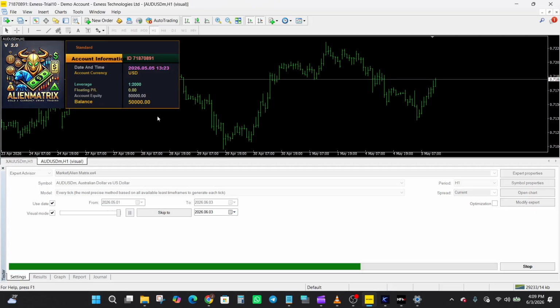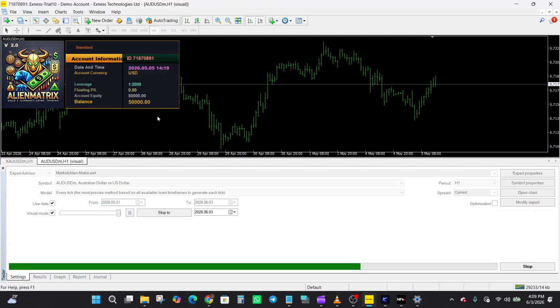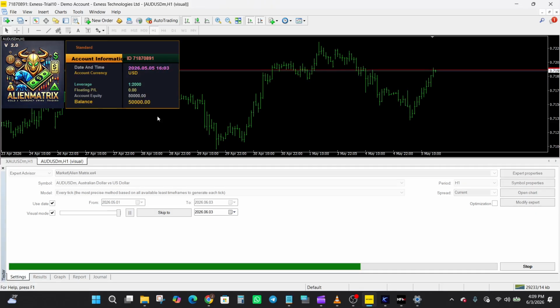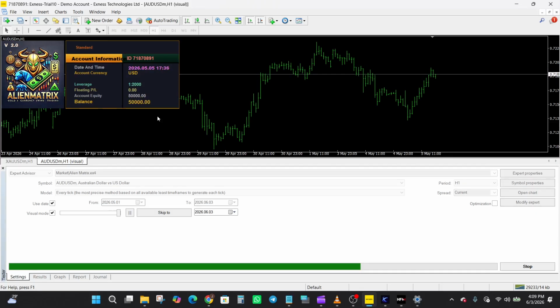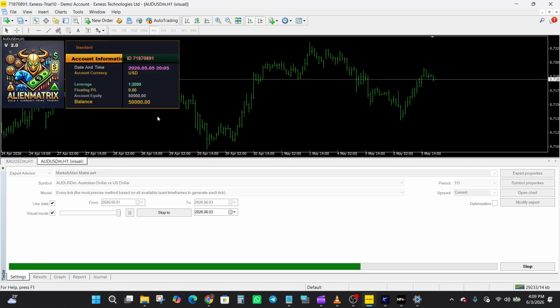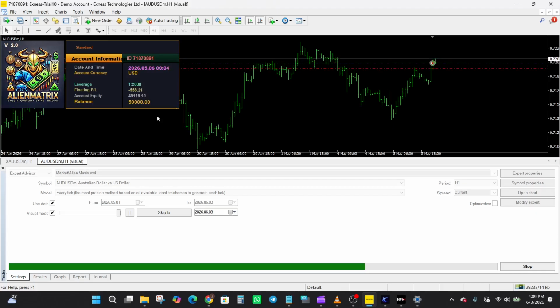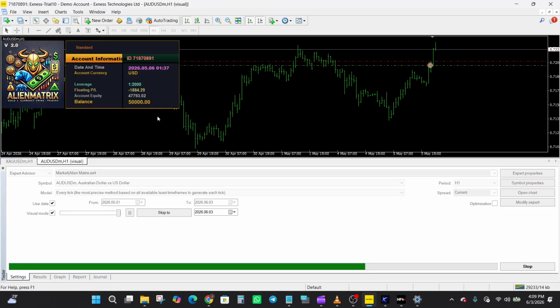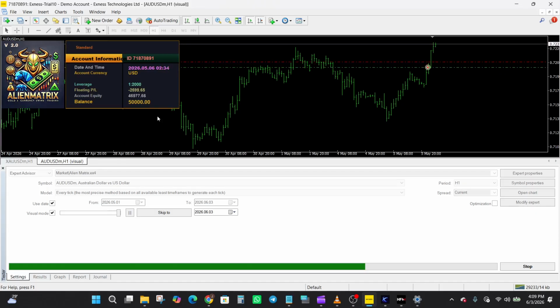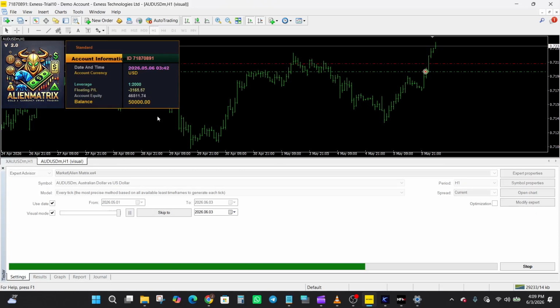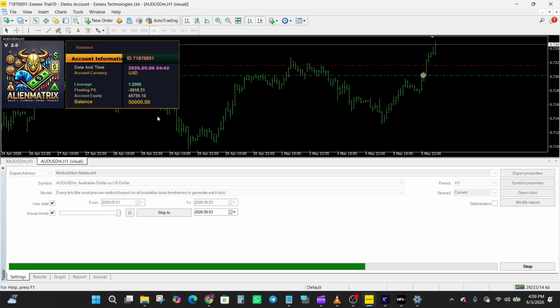To wrap it up, the Alien Matrix EA presents itself as a rule-based automated system focused on controlled risk trading, selective entries, and full automation on lower time frame charts. But like with any trading system, the real evaluation comes from how it performs under your own testing conditions and market environment.